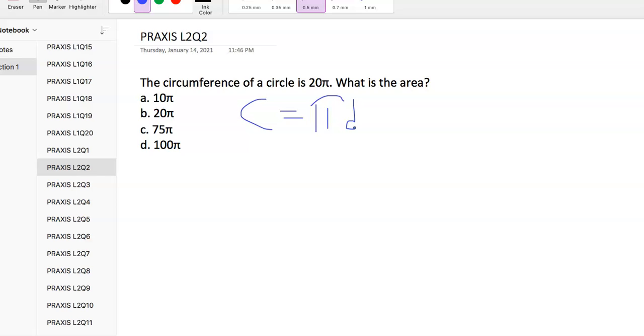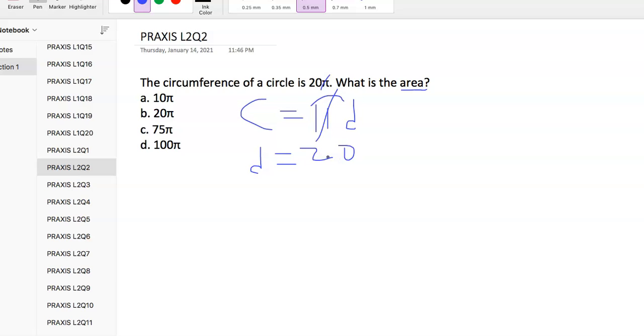So if the circumference is 20 times pi, we take away that pi, and we're left with d is 20. Now we know d equals 20, and they want us to solve for area. We remember from that first question, area is pi r squared.